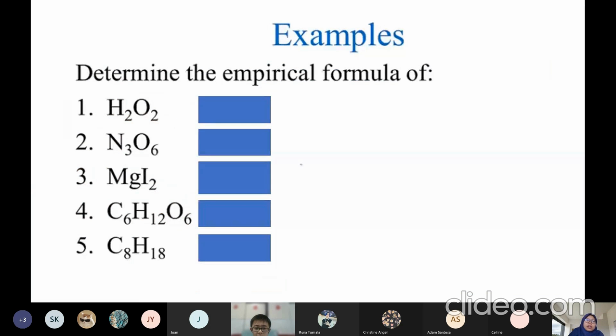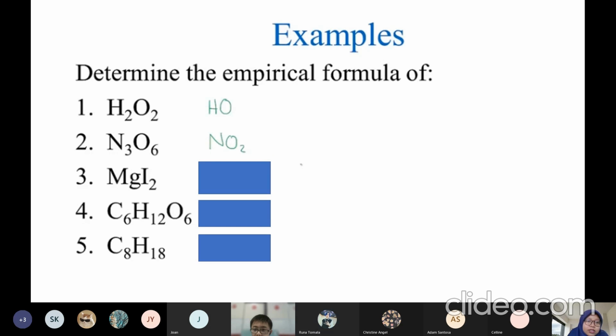Okay, go next to the examples. Determine the empirical formula of hydrogen peroxide, H2O2. HO, divided by 2. N3O6: NO2.